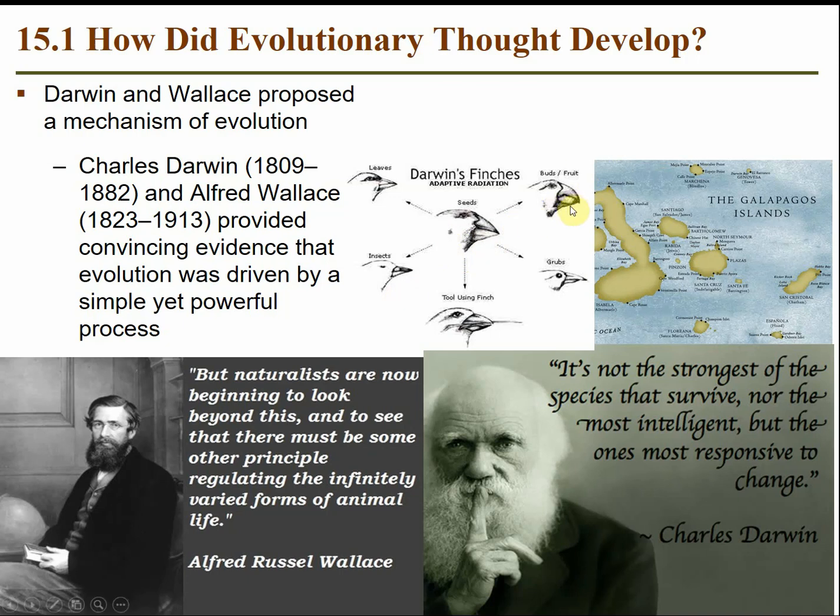The fruit-eating finch has more of a curved beak, right, to help it eat the fruit better. Grubs, again, the sharp, pointy beak. So these finches have specialized for their particular habitat. And thus showing this principle of evolution by natural selection.